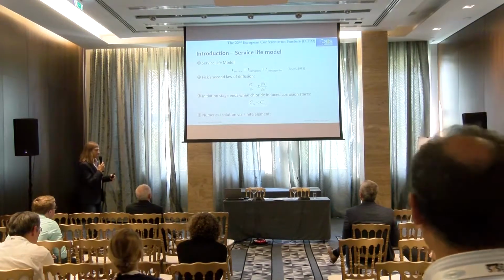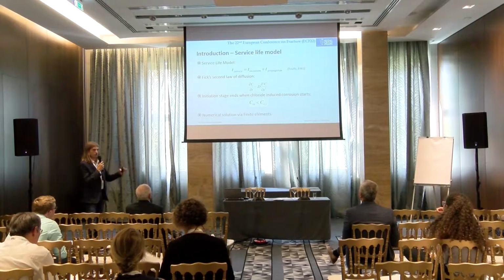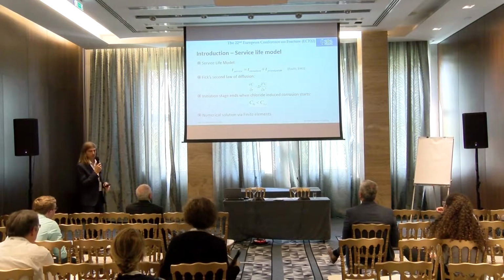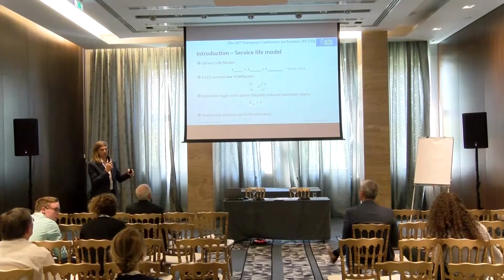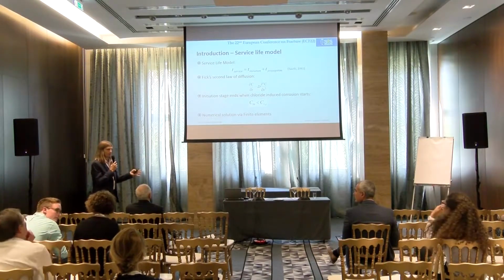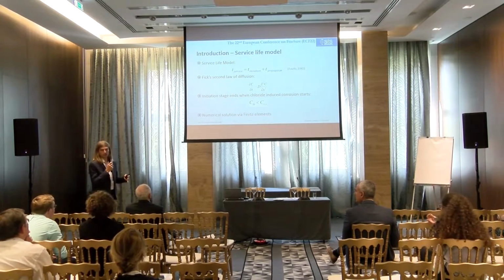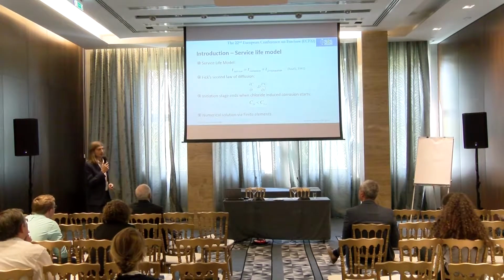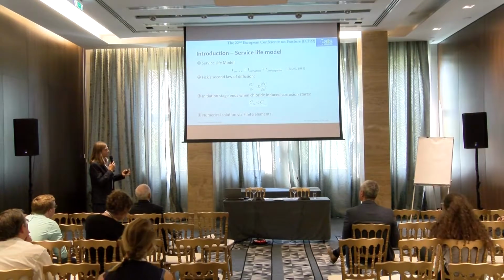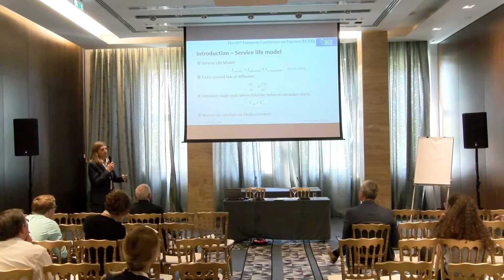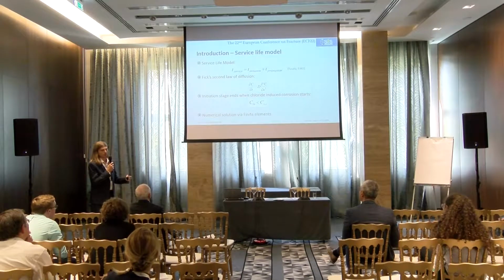So if we have the concrete, which is the structural material, it can be, for example, on the highway bridges, and this is exposed to, for example, winter de-icing or the marine environment. The structure is exposed to chlorides, they penetrate, and we can, in simplified way, model the chloride penetration by the second Fick's law of diffusion.